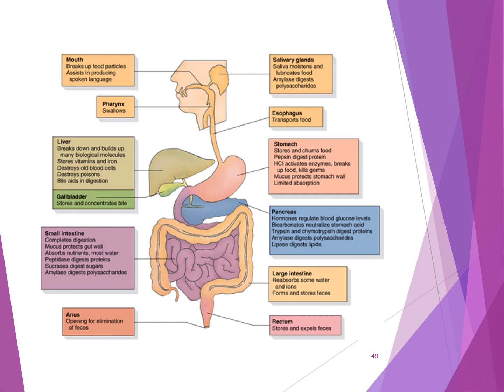That's why the surface area of the small intestine is so critical, because this is where predominantly all the absorption of nutrients takes place in our body.